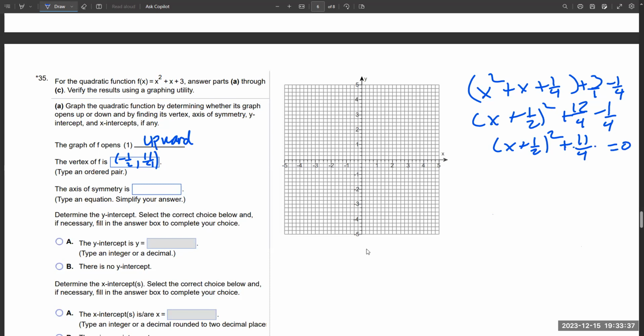And that doesn't happen, so there's going to be no x-intercepts. The y-intercept is going to be at y equals 3. It really is a point though, (0, 3) on the graph. So we have that point there. We have the axis of symmetry here at x equals -1/2.